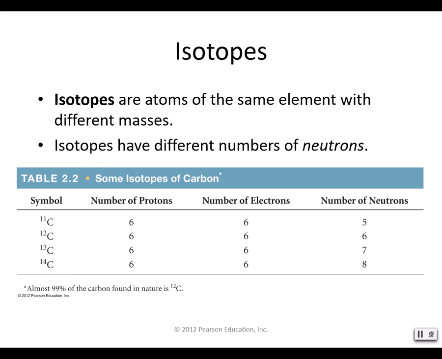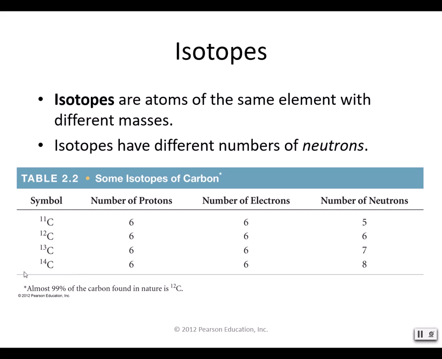You may say, okay, that's all well and good. But Mrs. Lapola, when I look at the periodic table and I know that atomic masses for a particular element are on the periodic table, when I look at carbon, there's only 1 square on the periodic table for carbon and only 1 atomic mass listed.